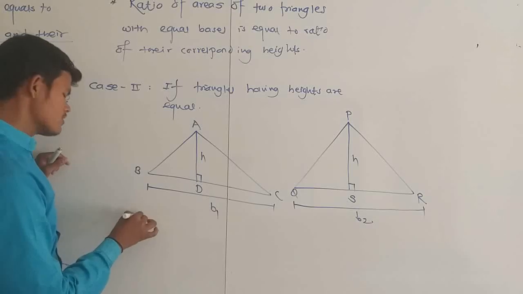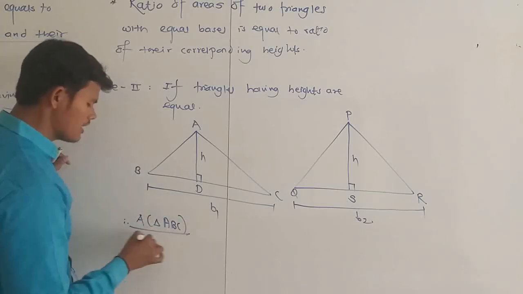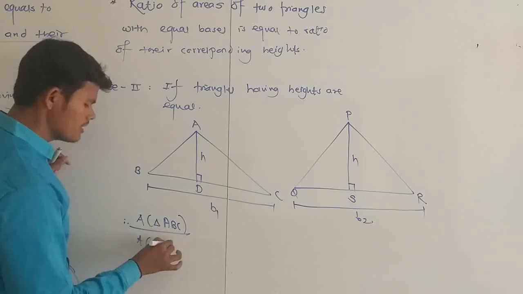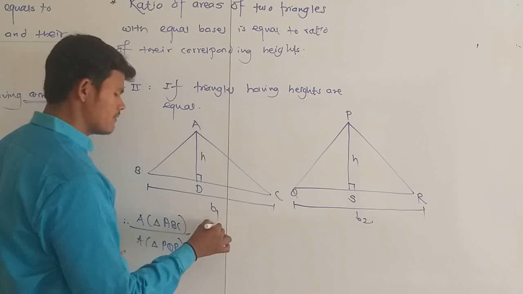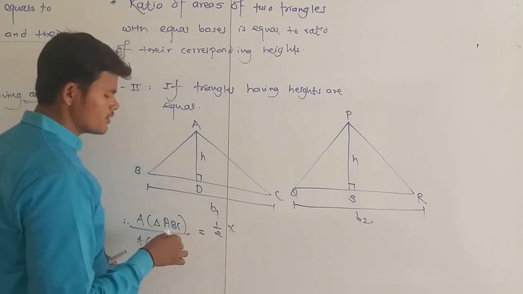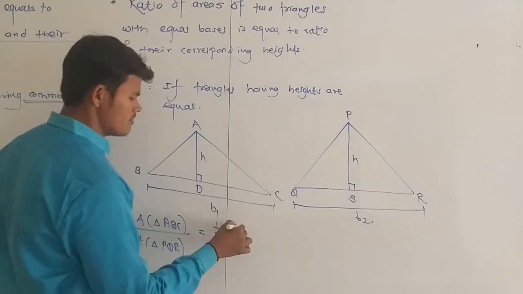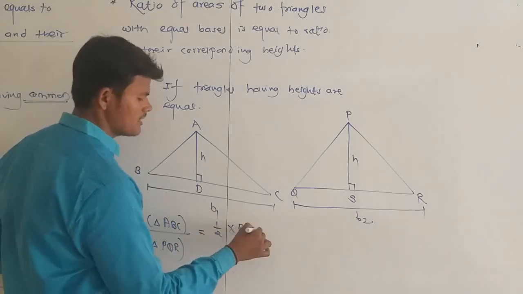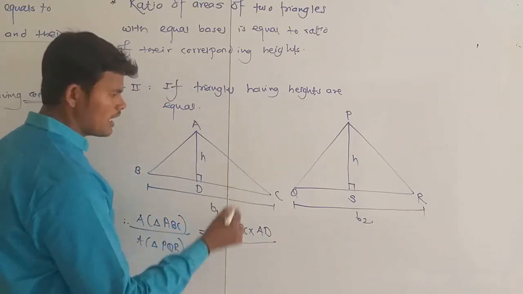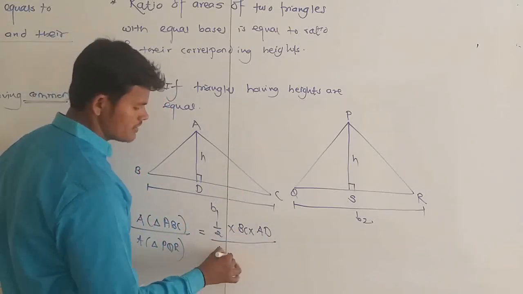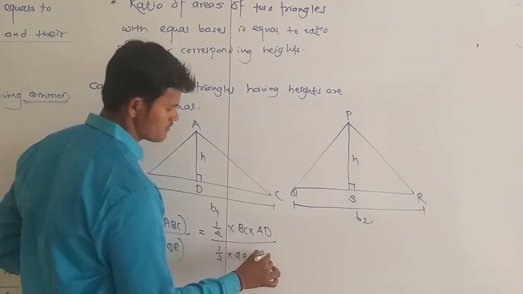So the ratio of the area of triangle ABC to the area of triangle PQR is equal to, how to find the area of a triangle? Half into base into height. For triangle ABC, the base is BC and the height is AD. For triangle PQR, the base is QR and the height is PS.